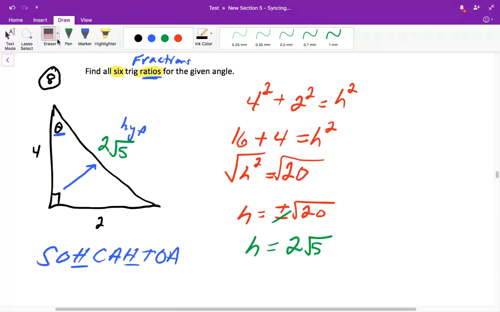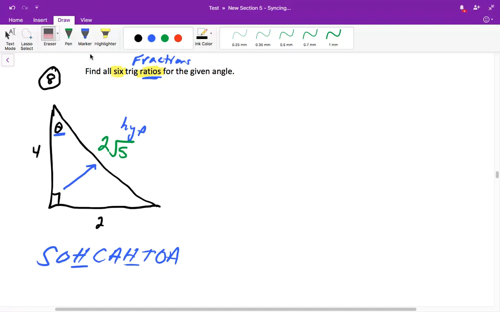All right, so now let me erase all this work off to the right. But now that we have all of our sides, we can go ahead and start solving for this. So we have our hypotenuse. We know that the side that does not touch the angle that we're highlighting is our opposite. And then the side that creates our angle that is not our hypotenuse is our adjacent.